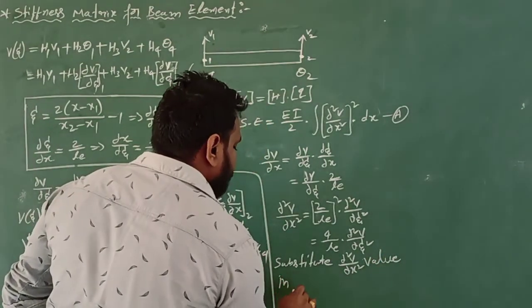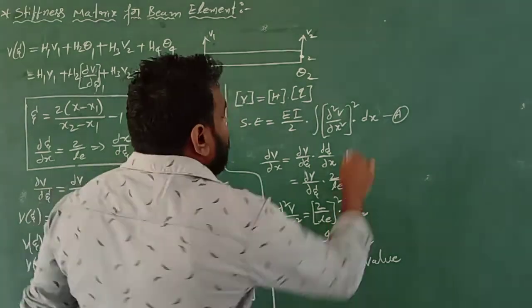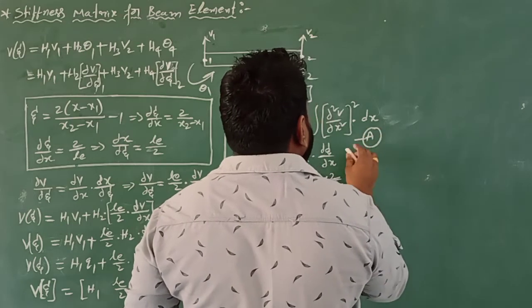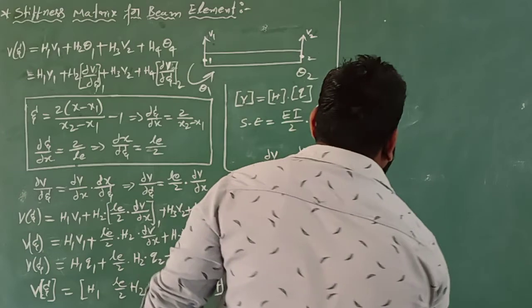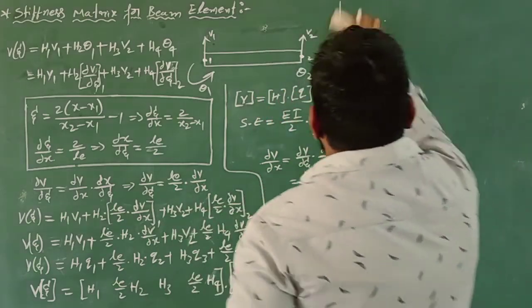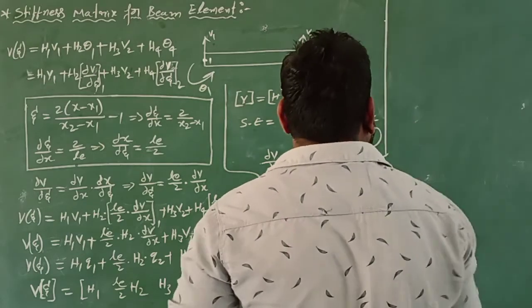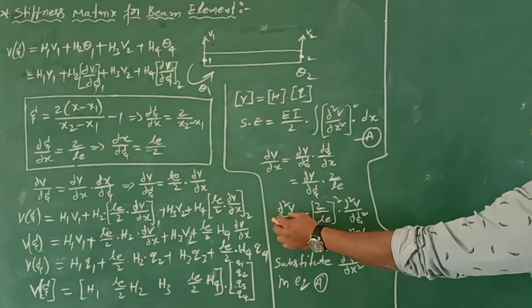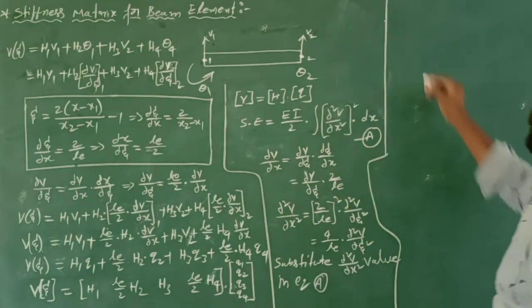This is equation number A. Substitute the dou square V by dou x square value in this strain energy equation.